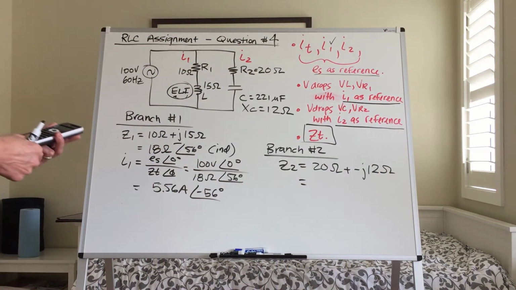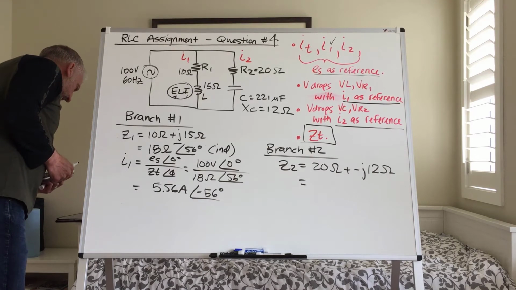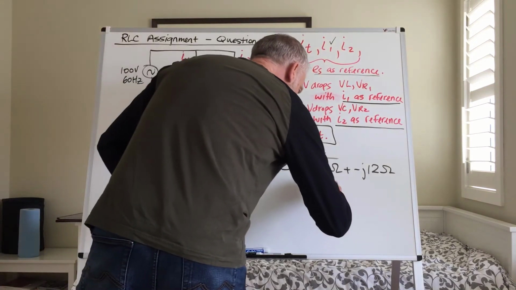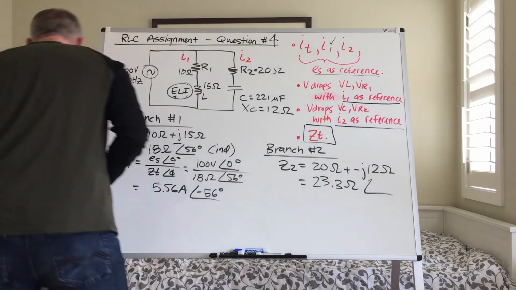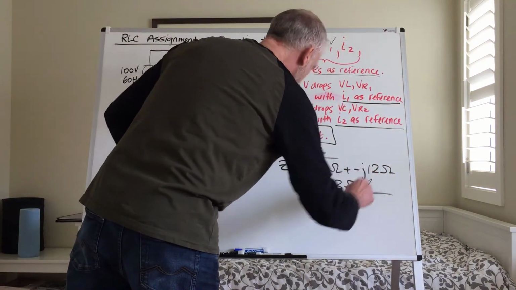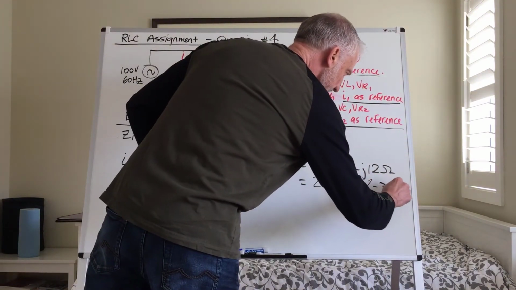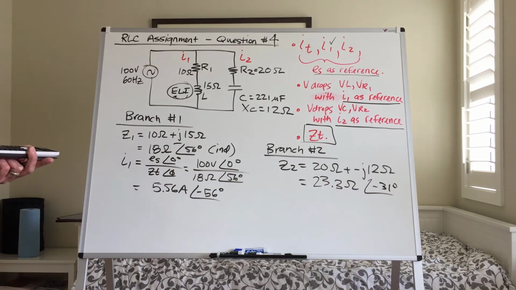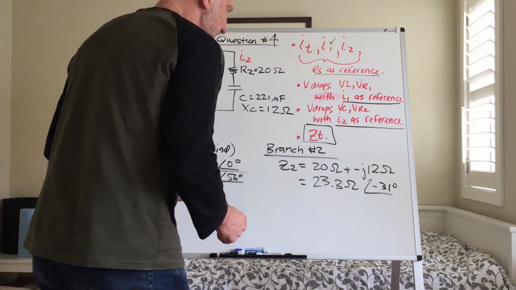We have minus j for XC. Now, if we convert that to a polar value, that equals 23.3 ohms at an angle of minus 31 degrees. Again, because it's a minus j component, it's going to be minus 31 degrees. So here we have a lagging impedance, or an angle phi of minus 31 degrees.